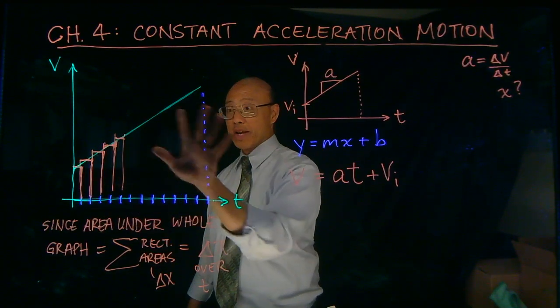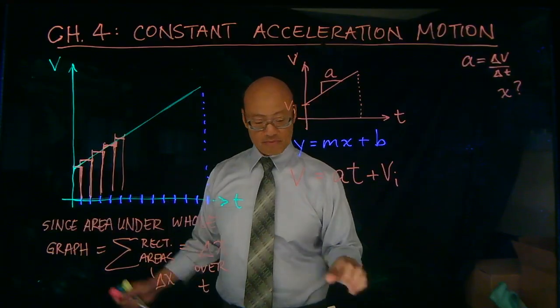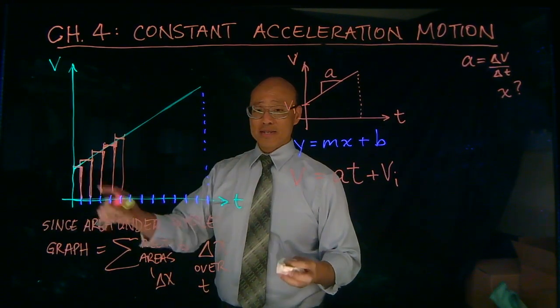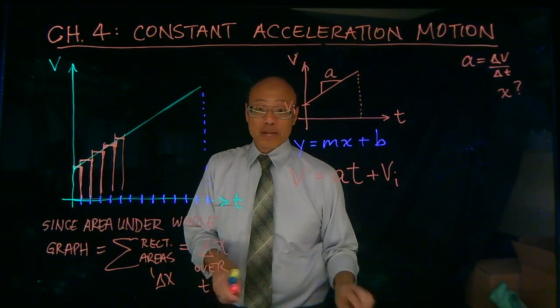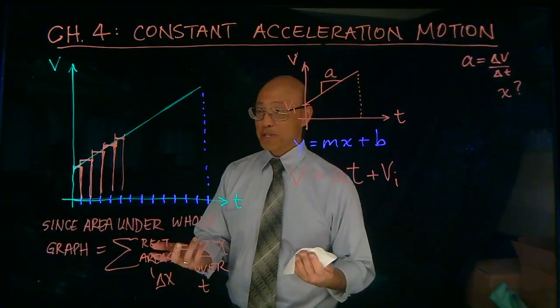So this whole area, even though it's a different shape, still has to be delta x. Okay, now that takes care of question number 1. The good news is that's great, right? There are no exceptions. The area under a VT graph is still delta x, or displacement.